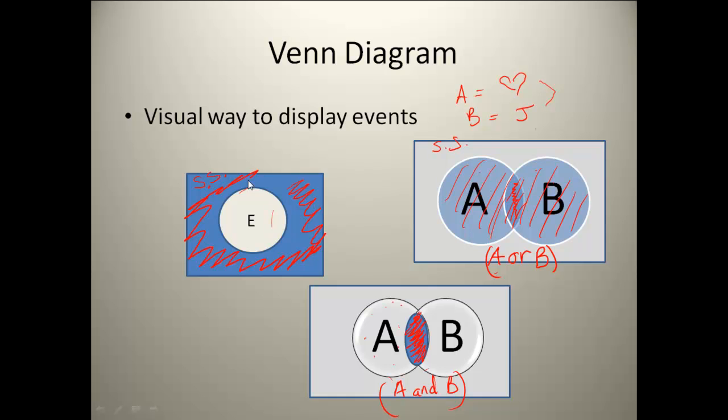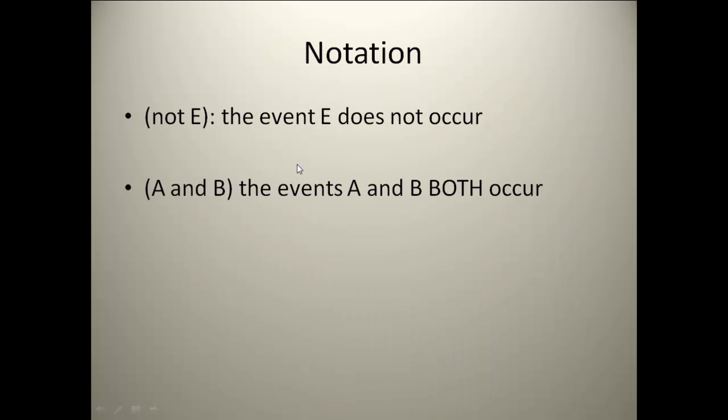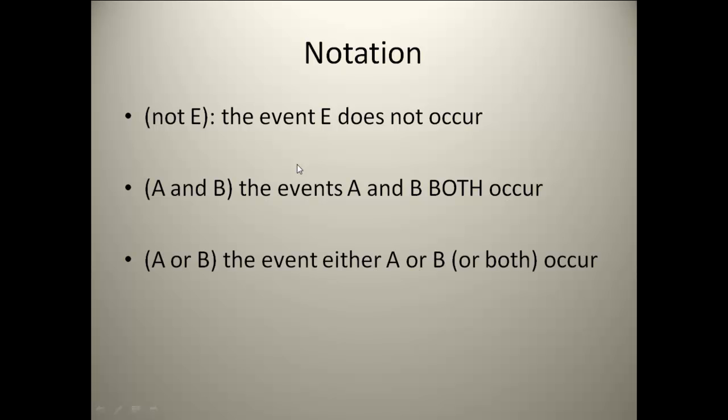It's not going to be E. We also have A and B, which means they both occur at the exact same time. That was the last Venn diagram I showed you, where only the overlap is shaded. And then we also have A or B. That means we either have quality A or we have quality B, or both can occur. That was the second Venn diagram.